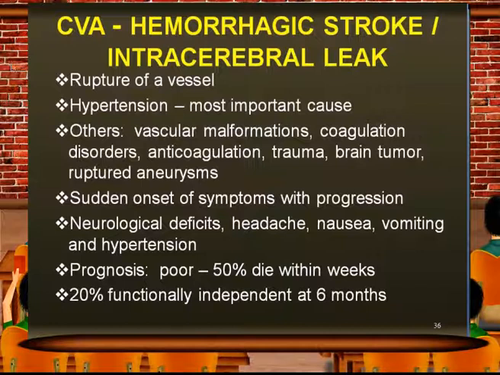Hypertension is one of the most important causes. Other things which affect the intracerebral leak are vascular malformations, coagulation disorders, anticoagulation treatment, trauma, brain tumor, and ruptured aneurysms. All these can lead to intracerebral leak.